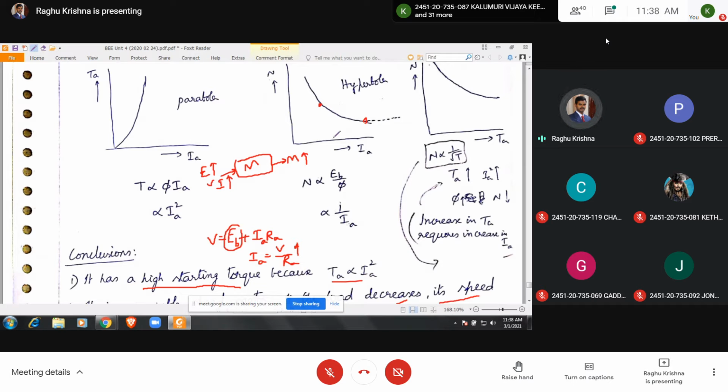What happens to the load? Load decreases. What happens to the speed? Speed increases. Vice versa, if load increases, current increases. If current increases, speed reduces.